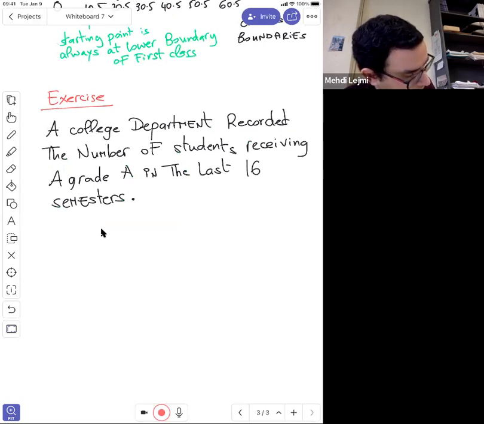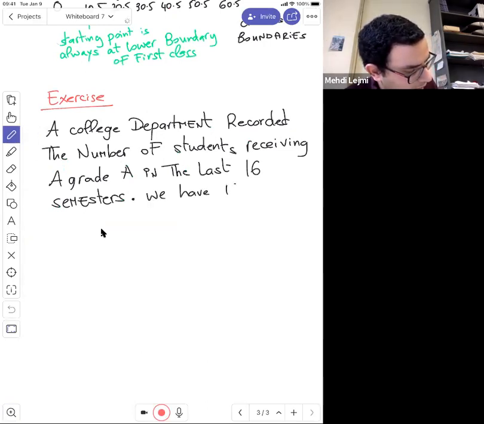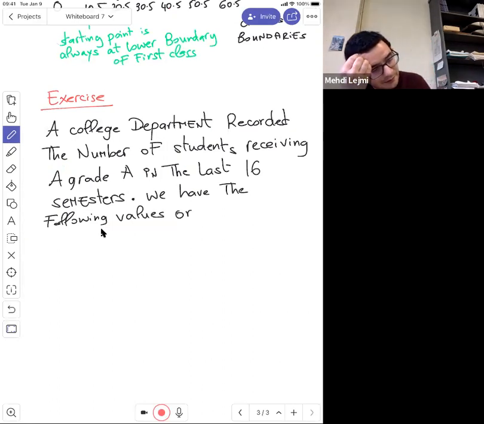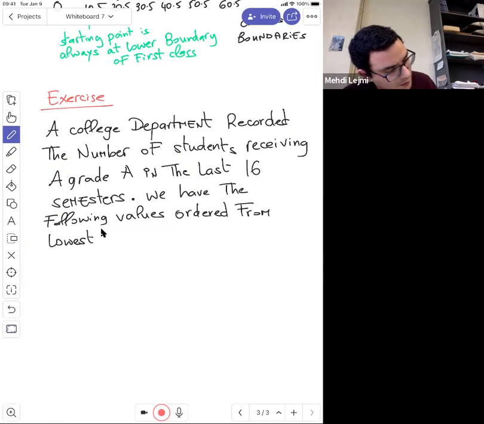So we have the following values ordered from the lowest to the highest. Okay, so this is again from the last 16 semesters.